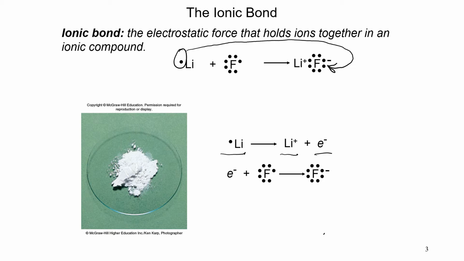That free electron, as you can see, is shown on the reactant side with the fluorine atom. So here is that electron, and it is gained by fluorine to form the fluoride ion.